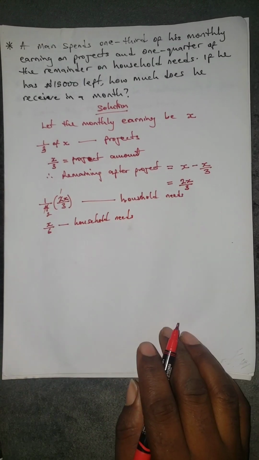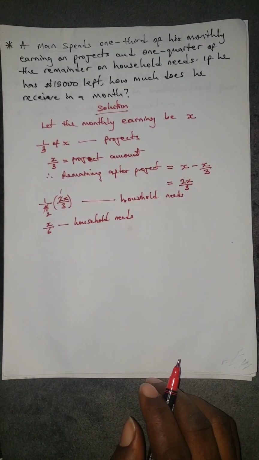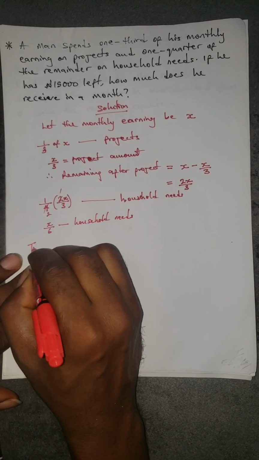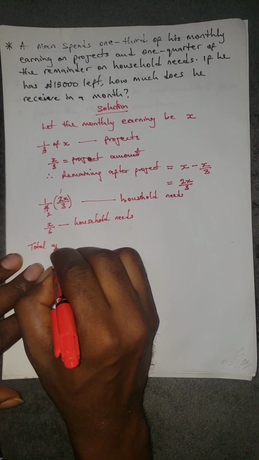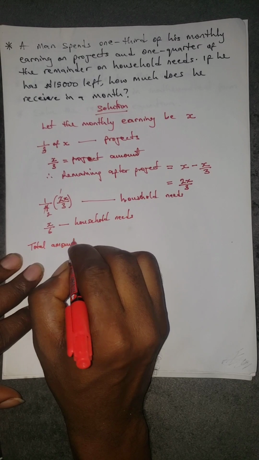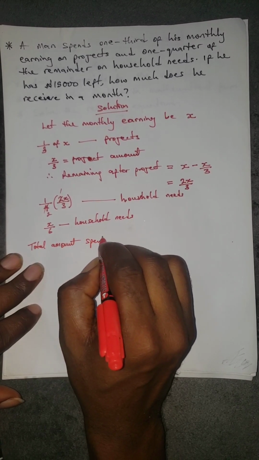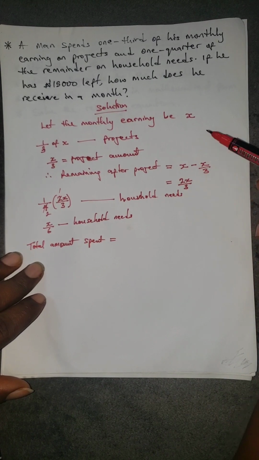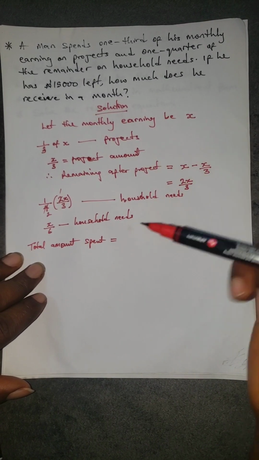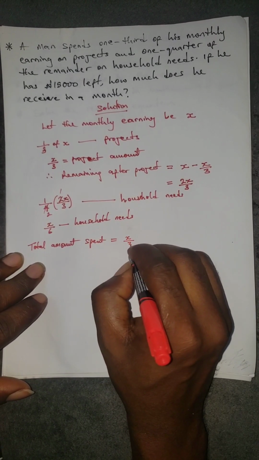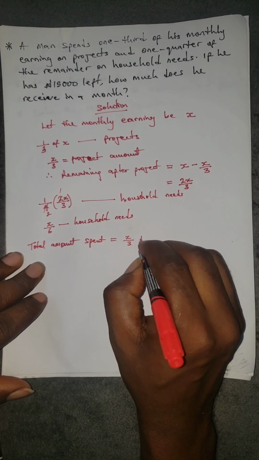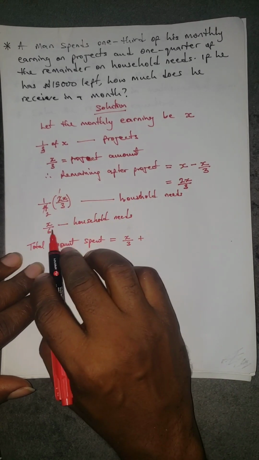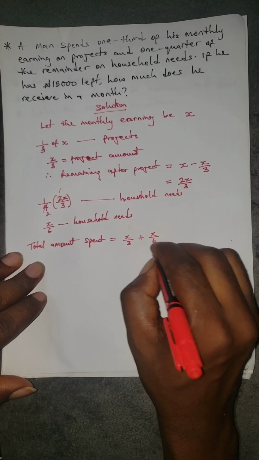Okay, so if you now take the total amount that he spent, the total amount spent is equal to the amount he used for the project, which is x over 3, plus the amount he used for the household needs, which is x over 6.